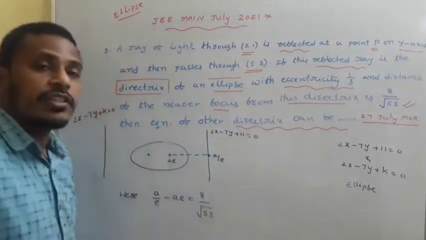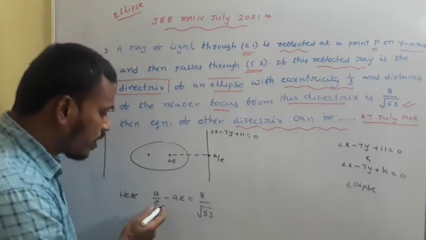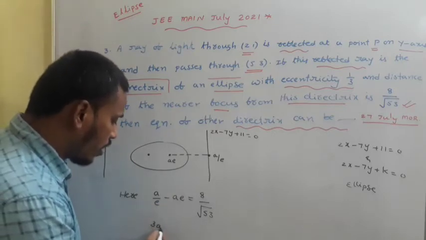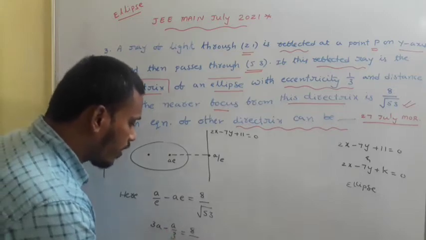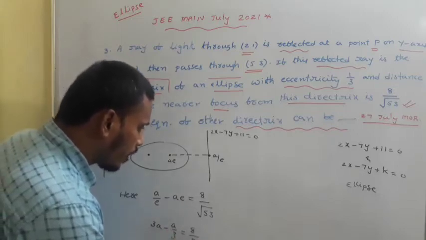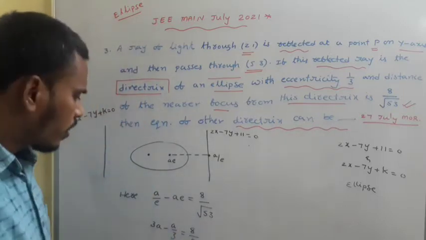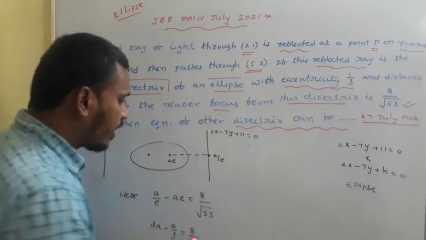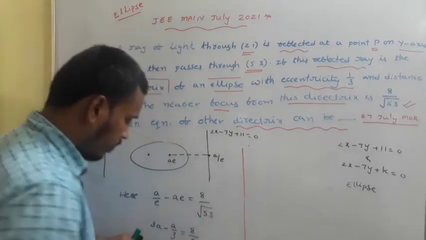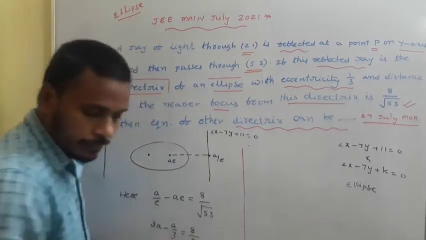Use that eccentricity here. If you replace e with 1 by 3, then 3a minus a by 3 is equal to 8 by root 53. So 3a minus a by 3 means 9a minus a, which is 8a by 3, right? So we have that.